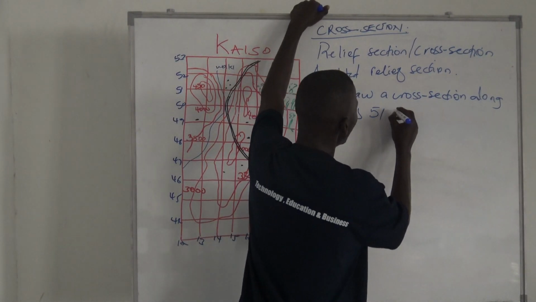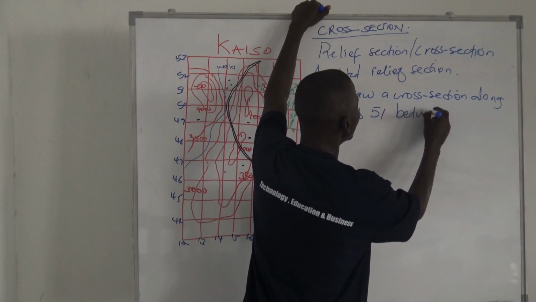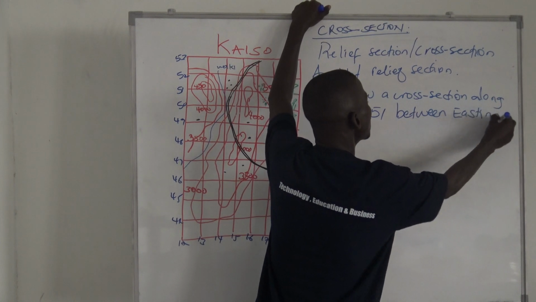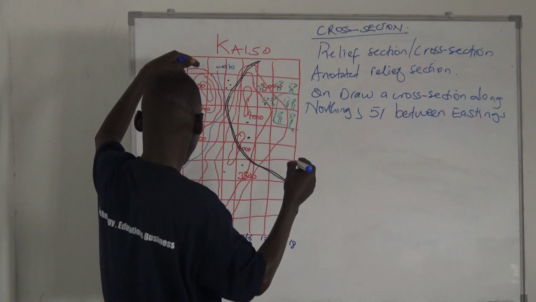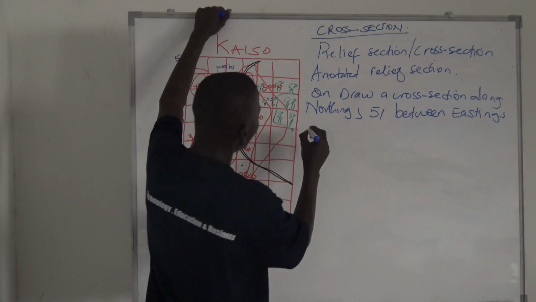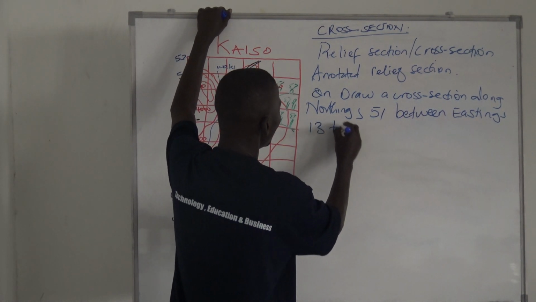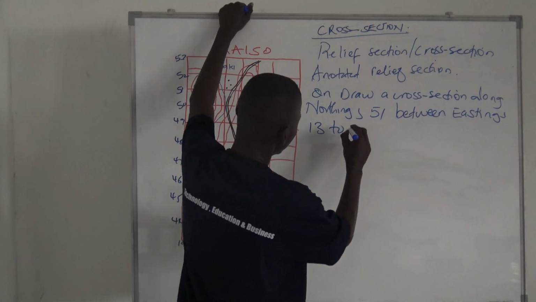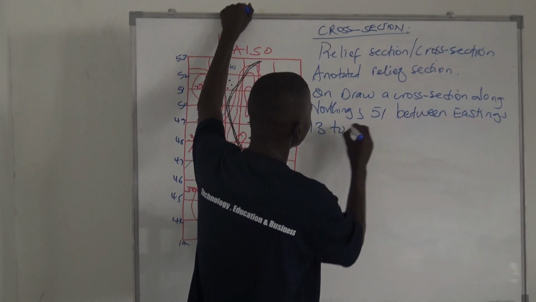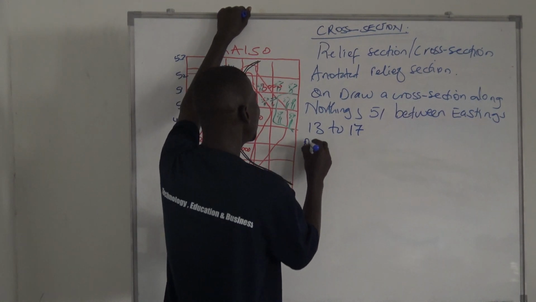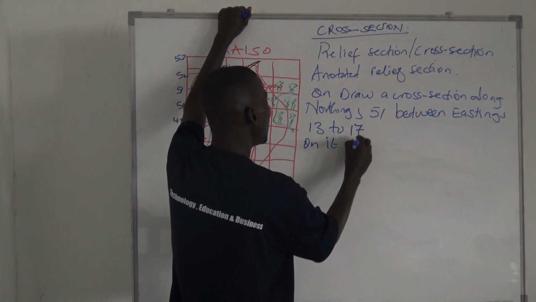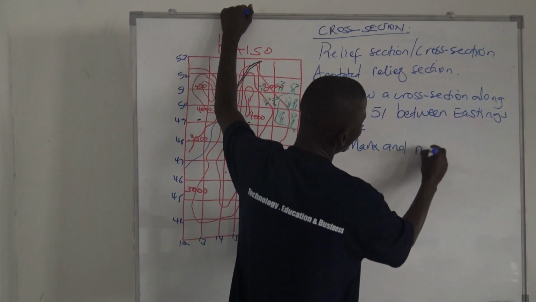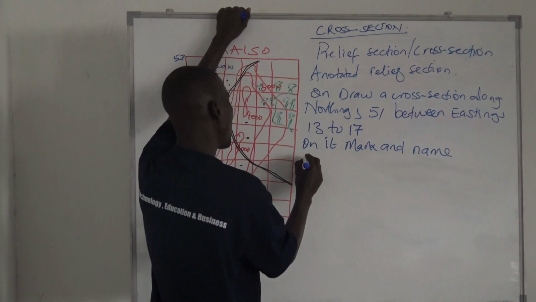Then he continues to say between eastings 13 to 17. On it, mark and name: 1.